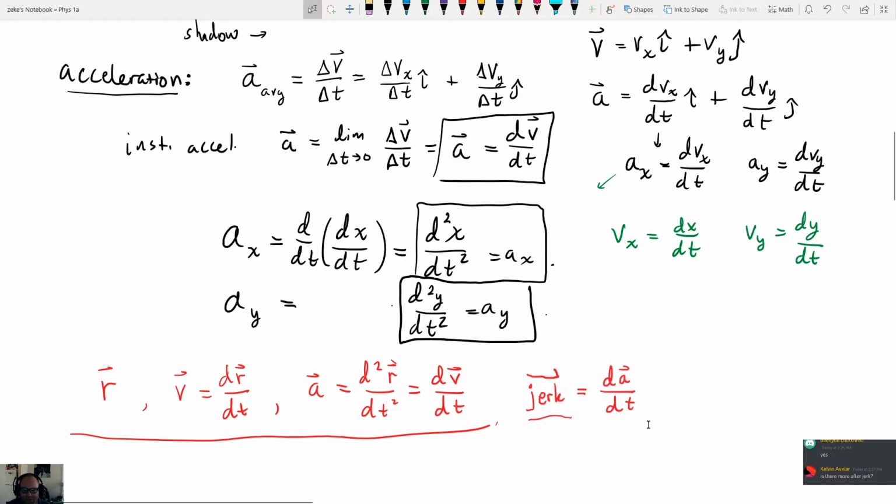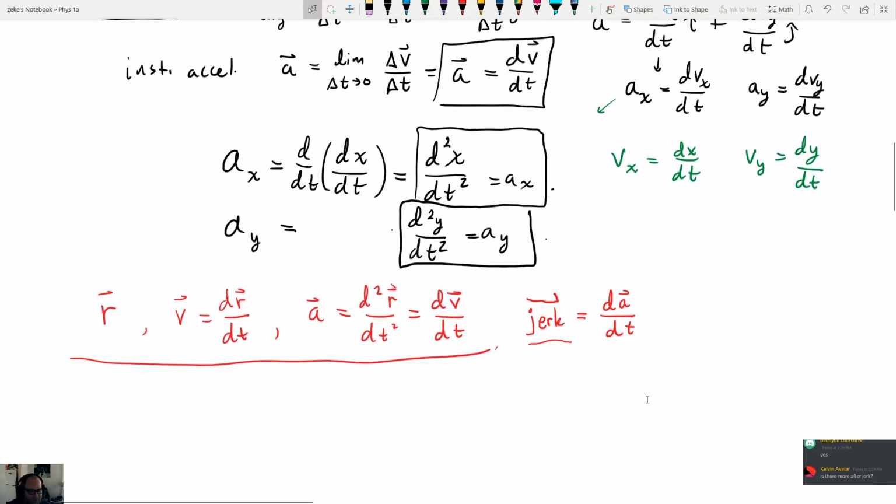Oh, I want to say one other thing, because you might notice something come up. I don't think the textbook talks about this, but if you go and look for some information about physics on the internet, you might see a different way in which some of this stuff is notated. I'm just going to show you what that notation looks like.